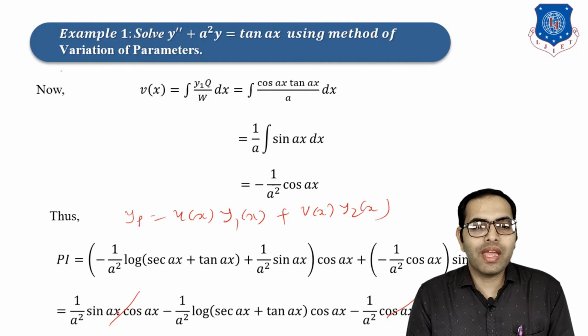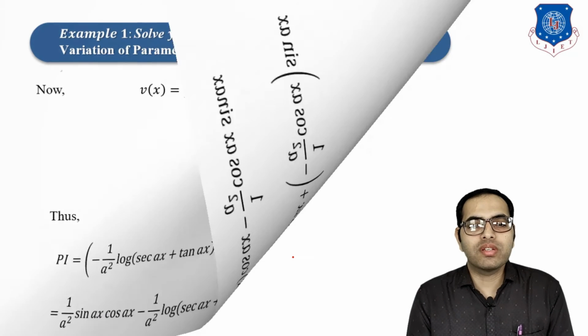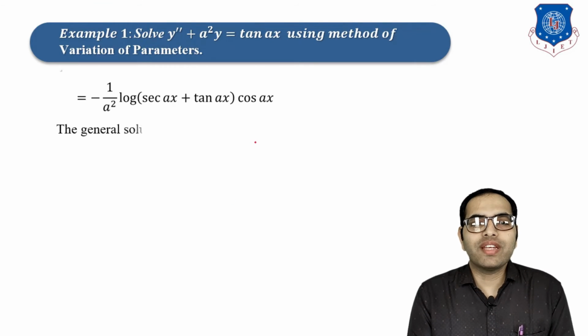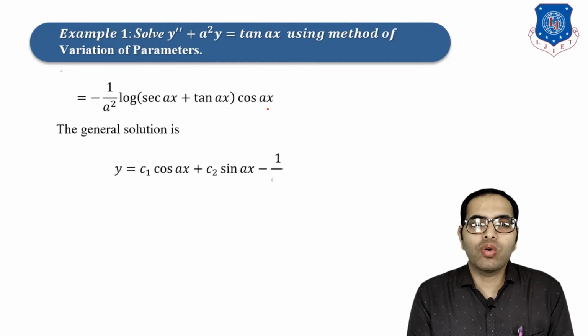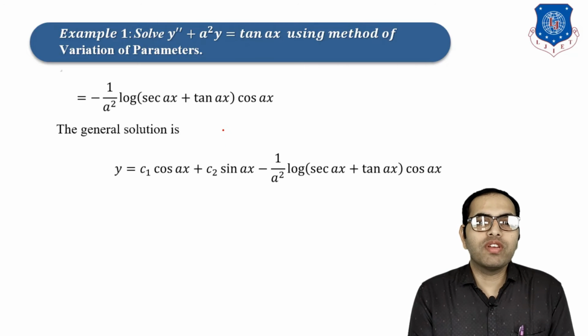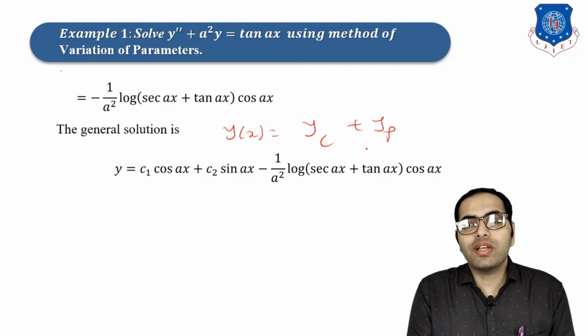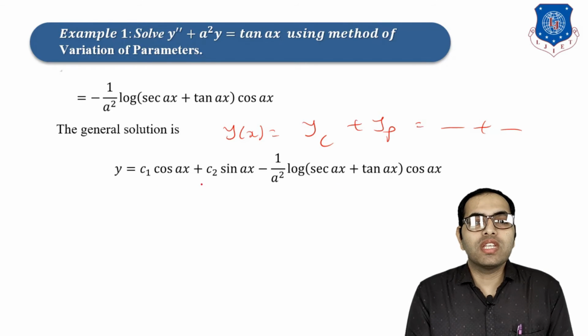The first and last terms will cancel out. Then yp becomes minus 1 upon a square log of, inside the bracket, sec ax plus tan ax, into cos ax. Now the general solution is nothing but the addition of yc plus yp. Substituting the values of yc and yp, it is c1 cos ax plus c2 sin ax minus 1 upon a square log of sec ax plus tan ax into cos ax.